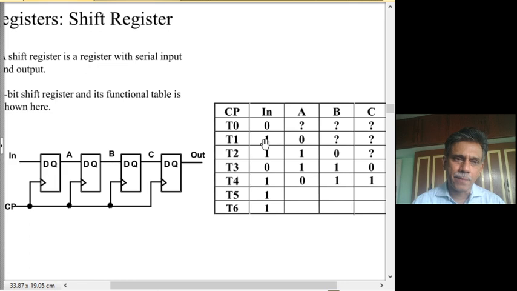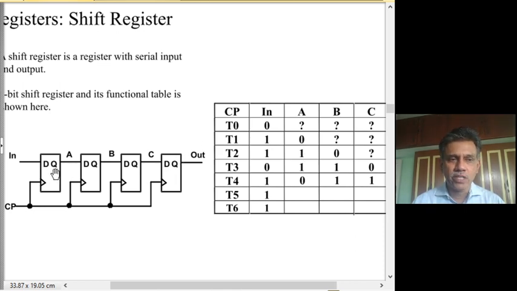At this time, in the second clock period, if you assume a 1 is given to the serial input, then when a transition occurs between T1 and T2, this bit 1 will be sampled and stored in the first D flip-flop and become available at A during T2.